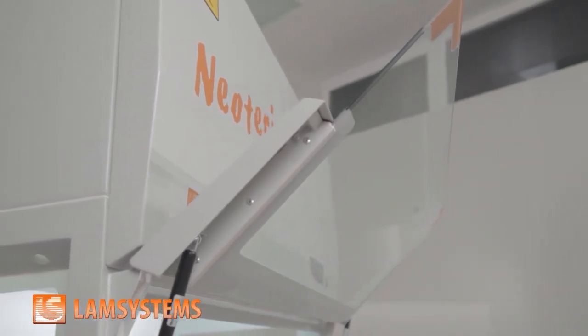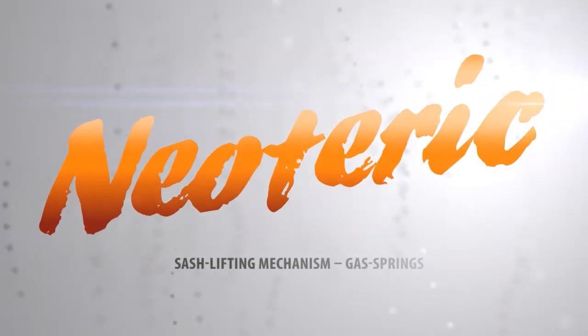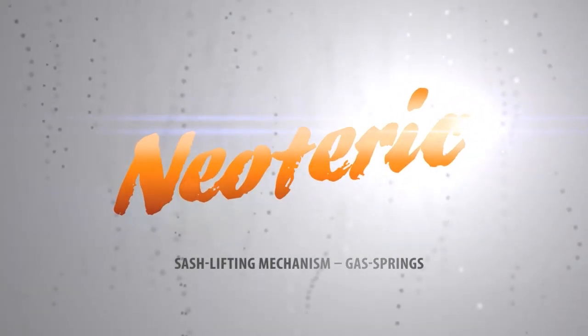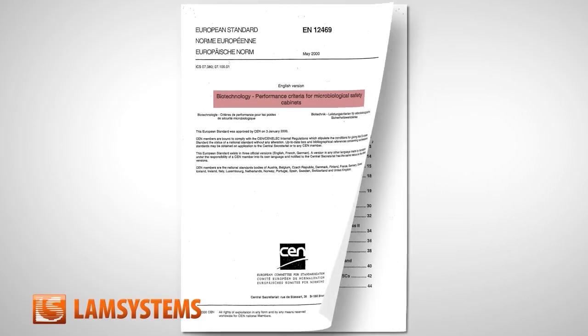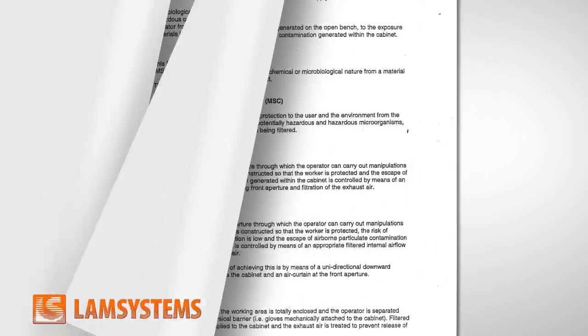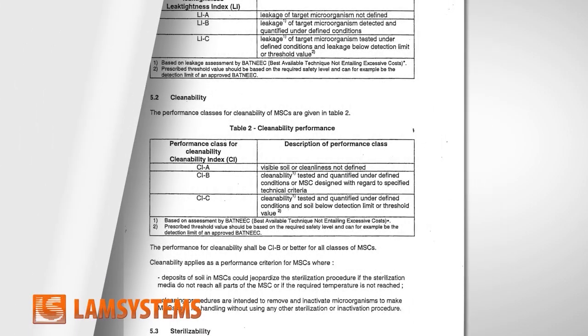What do you mean, you can ask? Let's have an insight into the matter. The front sash lifting mechanism was designed taking into account the European standard EN 12469, biotechnology, performance criteria for microbiological safety cabinets.